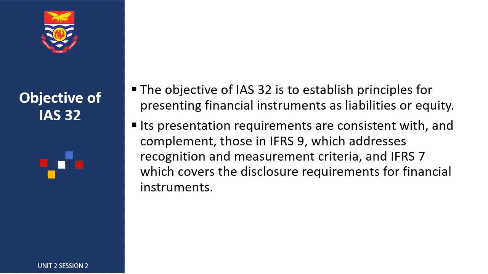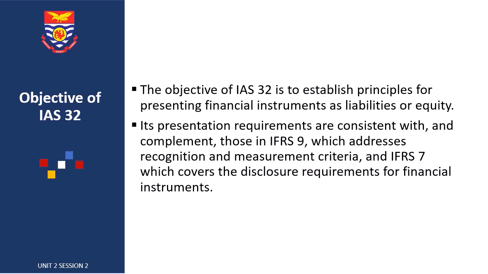Now, its presentation requirements are consistent with and complement those in IFRS 9, which addresses recognition and measurement criteria, and IFRS 7, which covers the disclosure requirements for financial instruments.